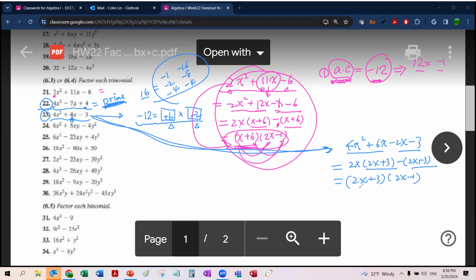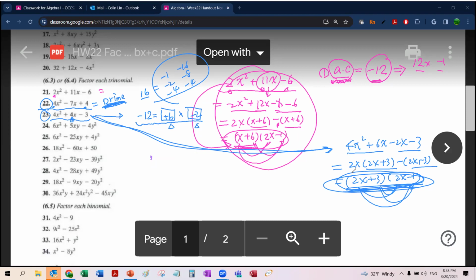Let's double check it: 4x squared, -2x, 6x, so it became +4x and -3. So factor into like this. You guys know how to do that, right? A little bit challenging, but not so bad.